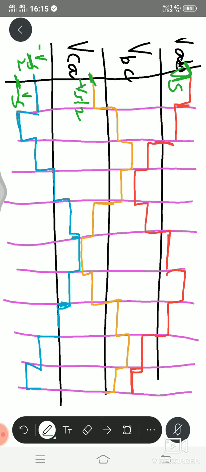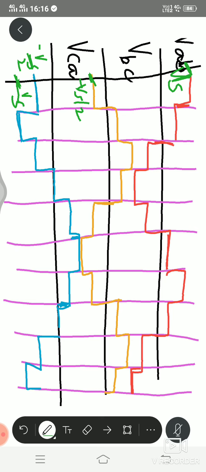So what is the advantage of the 120-degree mode of VSI? The bigger advantage of the 120-degree mode of VSI is that here a gap of 60 degrees is maintained, and it has a disadvantage also. What is that disadvantage? Always one terminal is kept open.